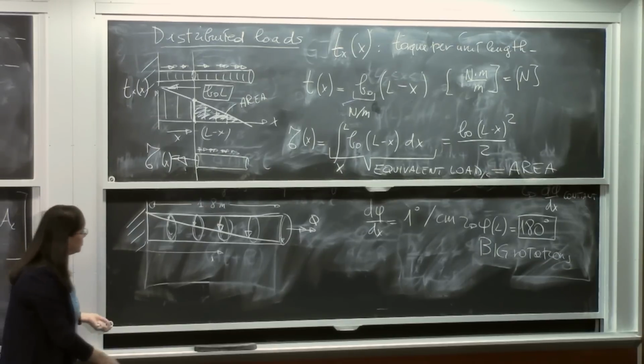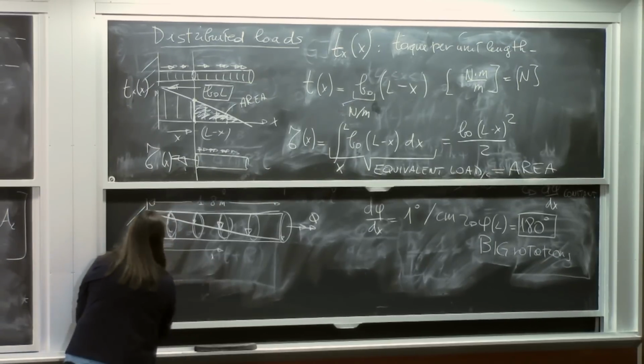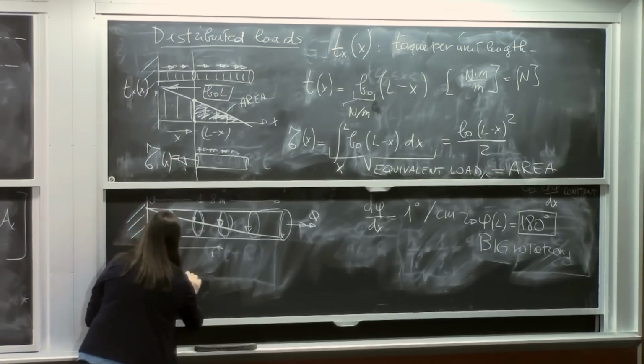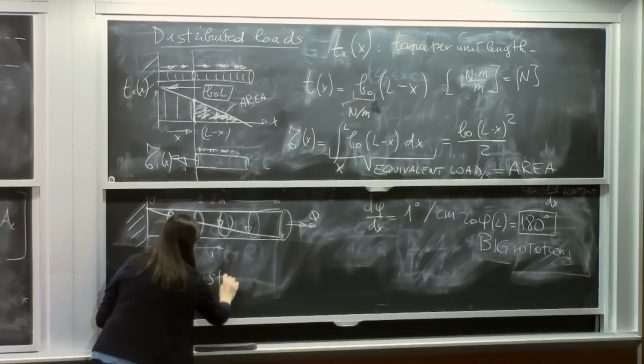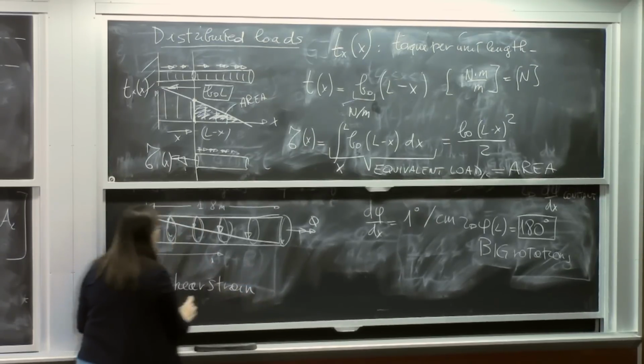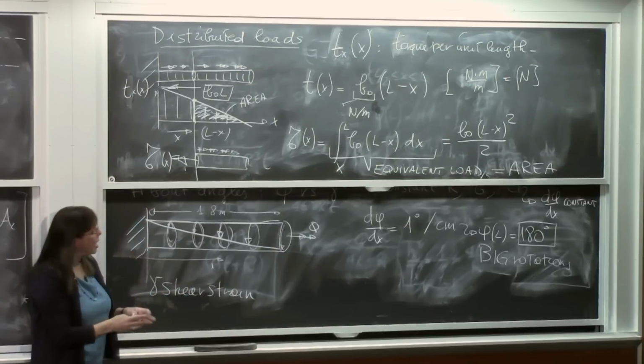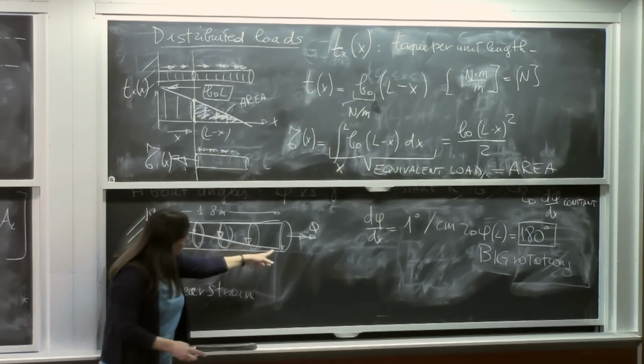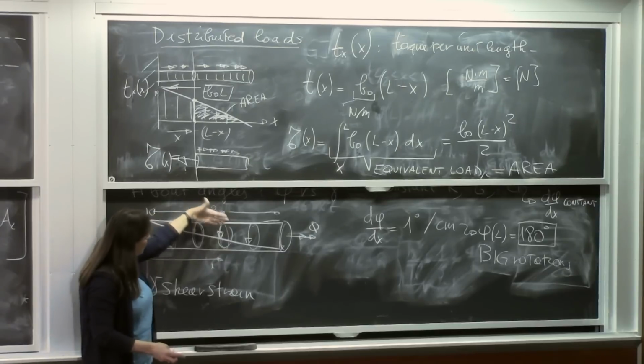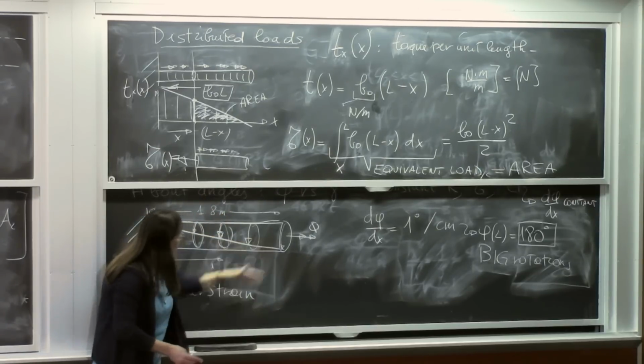What is more? What is gamma now? Gamma, the shear strain. Gamma is, if you go there and you have the line that used to be straight on top and now is rotated around the shaft.